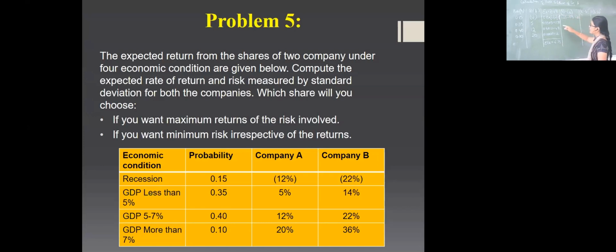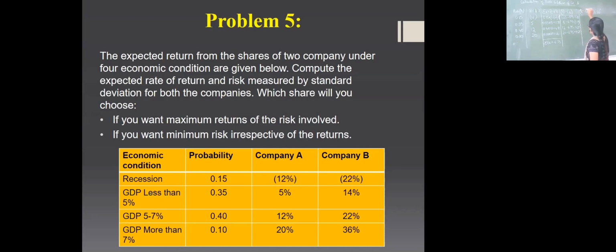Second one, it is 5 minus 6.75, which is minus 1.75. Third one, 12 minus 6.75 is 5.25. Next, 20 minus 6.75 is 13.25. Square it out now.